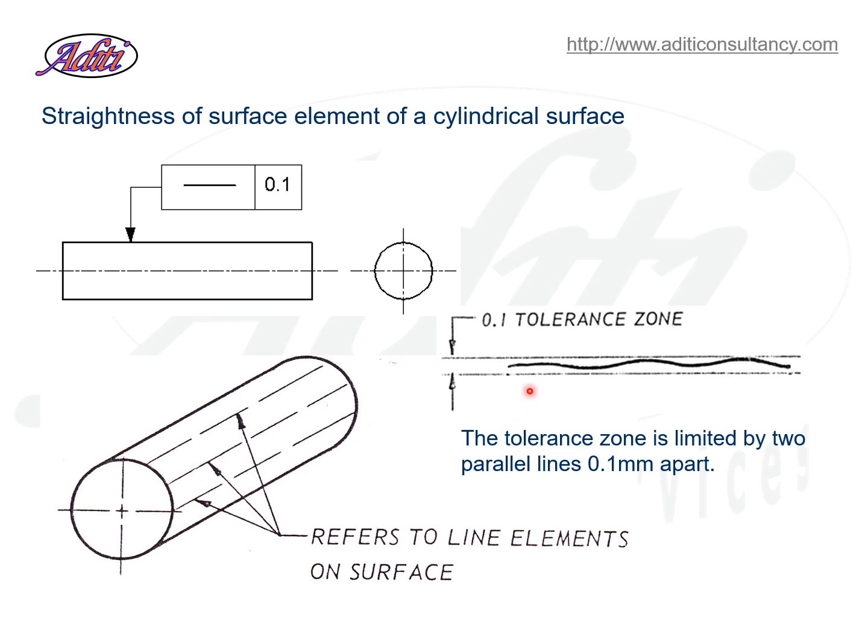That's what you mean by straightness of a surface of a cylinder. It is not applicable to one particular line. You can take any randomly selected line or any number of lines, and you check. For all the lines, error should not be more than 0.1 mm. That's what you mean by straightness of surface of a cylinder.